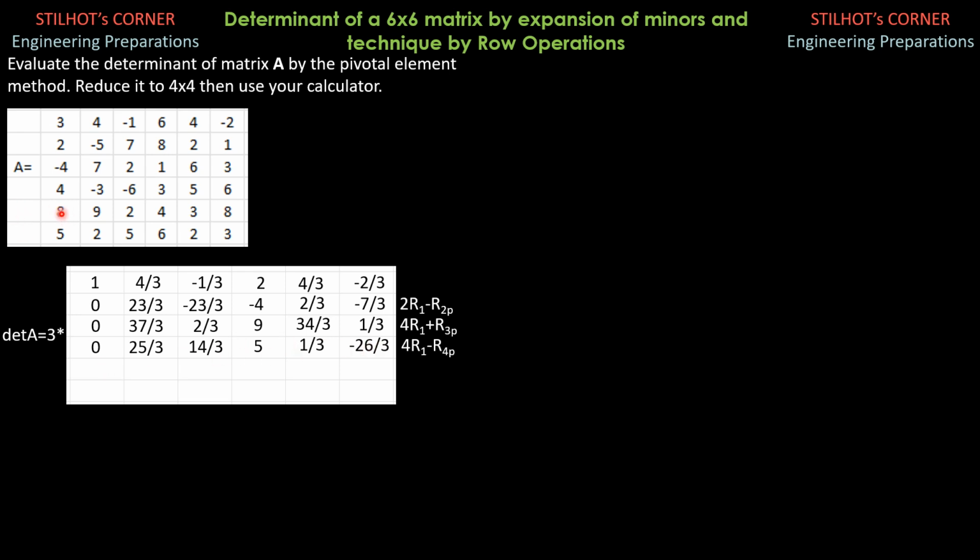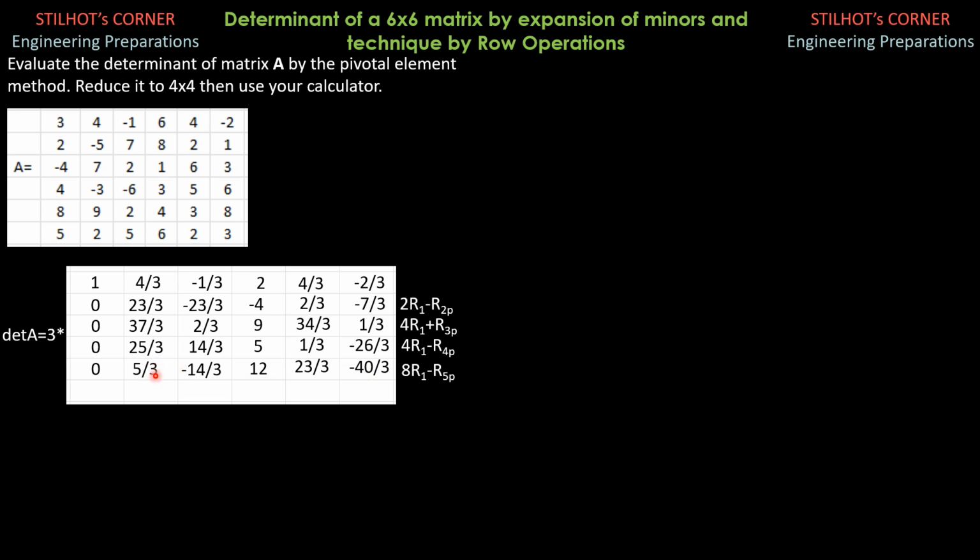Next, to make this 0, we have 8 times row 1 minus row 5 previous. So that's why this is 0. I'll check 12 and 5/3. The rest you have to check if these are correct.